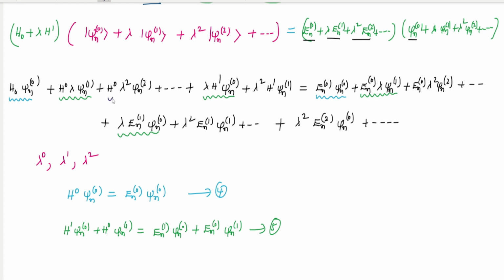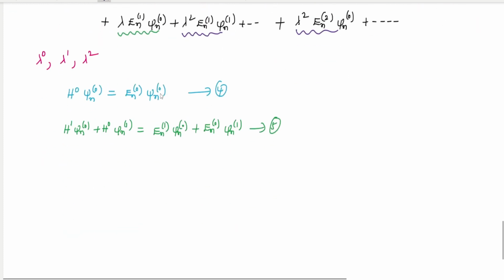And the remaining terms are lambda square, second order terms. Three terms are there. Don't go up to third order and fourth order. In most cases it is very difficult to solve even second order perturbation, so we restrict the perturbation up to a maximum of second order.